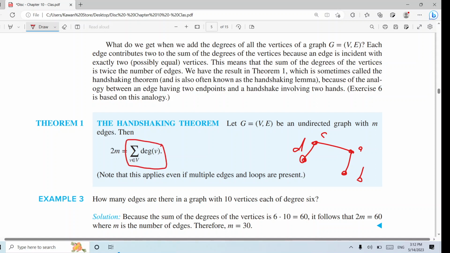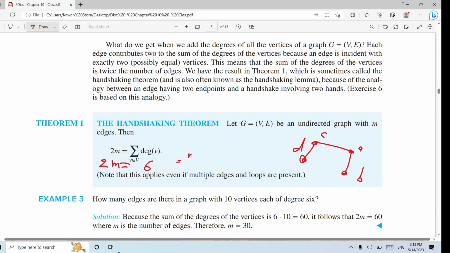The degree of A is 2, the degree of B, the degree of C, and how about D? The summation of them is equal to 6, right? So the summation of the degrees is equal to 6. Am I right? We say we have 2m.